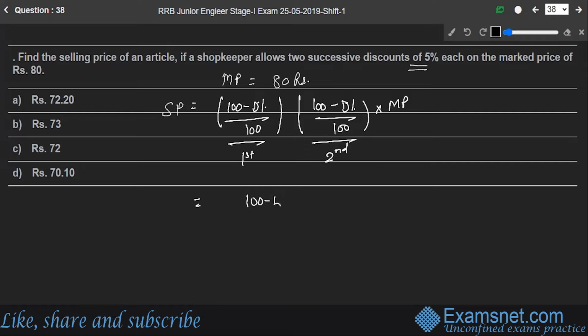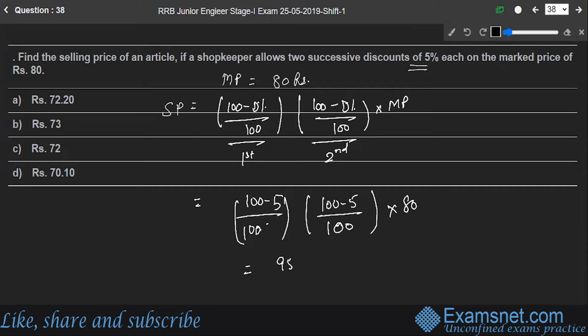So this will be 100 minus 5 upon 100, and again the same, and the marked price was 80. So this is equal to 95 upon 100 into 95 upon 100 into 80. And this will cancel, this will cancel like 2. And this will be 19. This will go at 4.